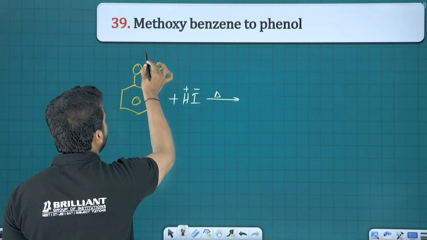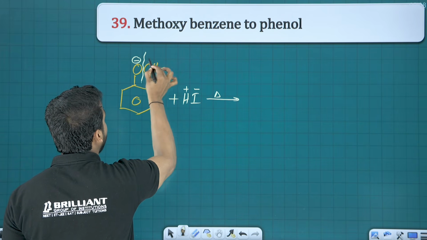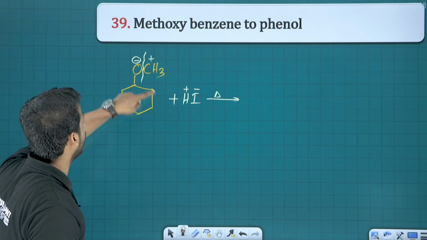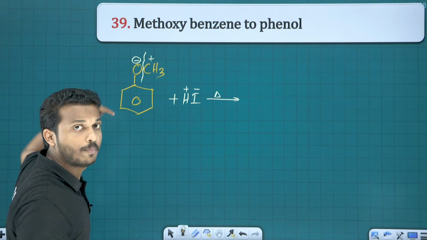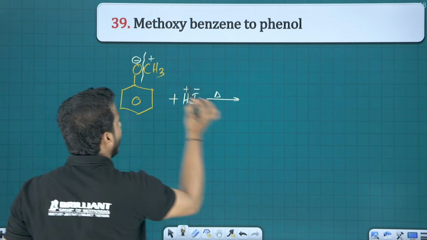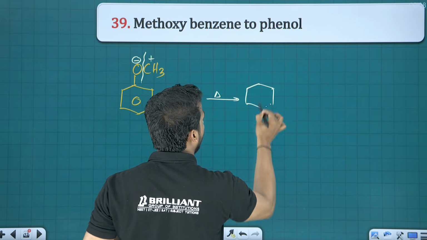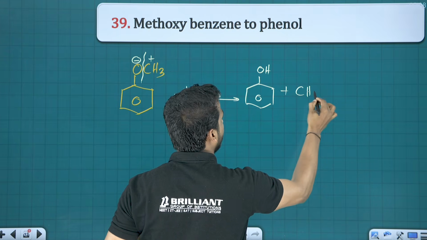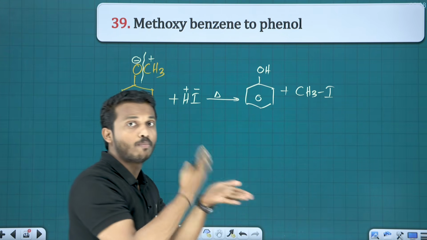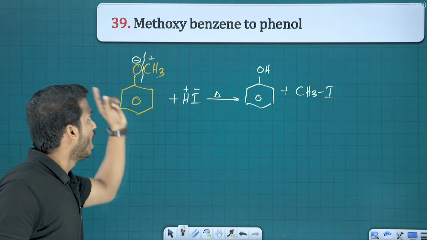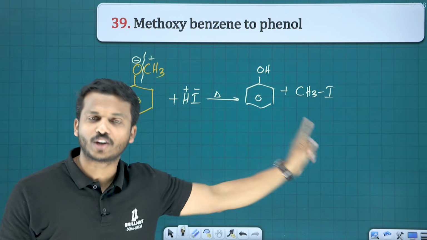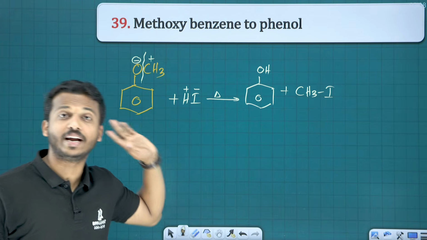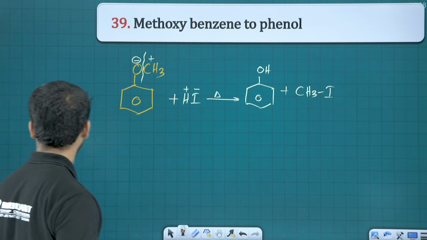How does this break? O minus and plus. Why O minus? Because, you know, the phenoxide ion is more stable. So to the phenoxide ion, the H will attack. You will get phenol, right? Plus the CH3 will combine with the I, giving CH3I. You studied the ether bond breaking. So if you want to convert anisole into phenol, just heat with which one? Hydrogen iodide, treated with HI.